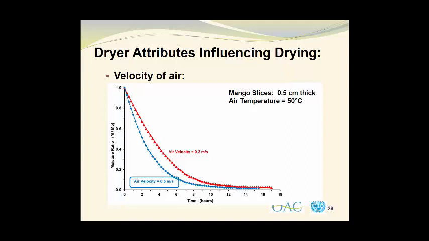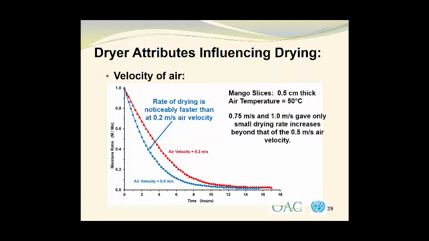From this graph, you can see that air velocity has a pronounced effect on the rate at which moisture is being removed from the mango slices. The rate of drying is noticeably faster with an air velocity of 0.5 meters per second than it was at 0.2 meters per second. 0.75 meters per second and 1.0 meters per second were tested and gave only small drying rate increases beyond that of the 0.5 meter per second air velocity.